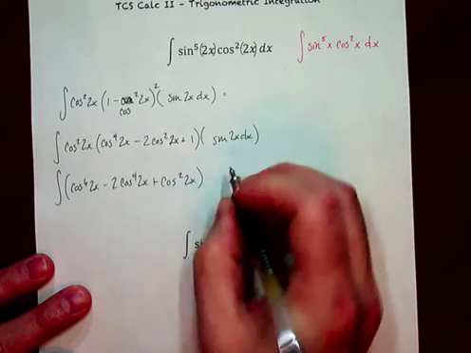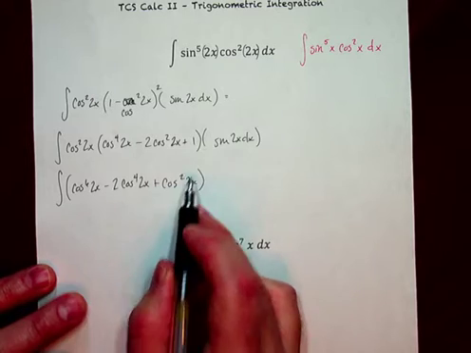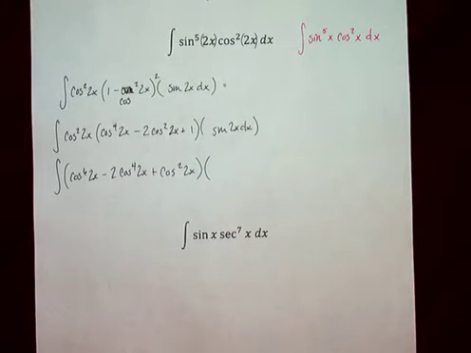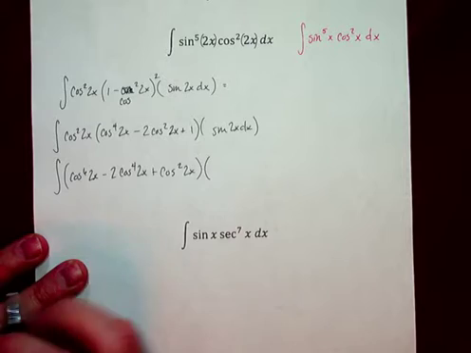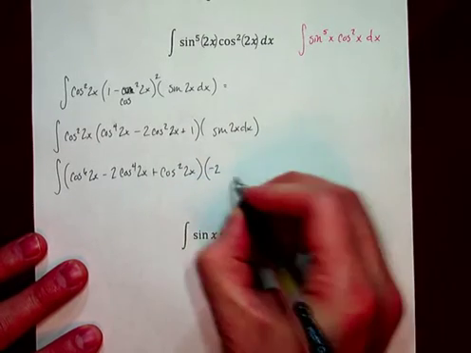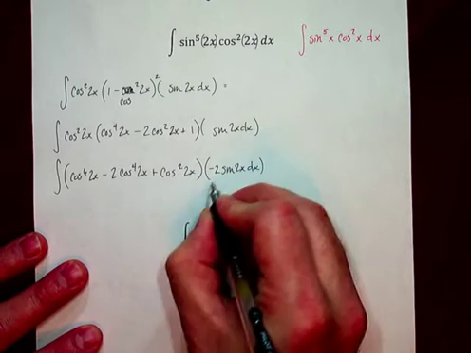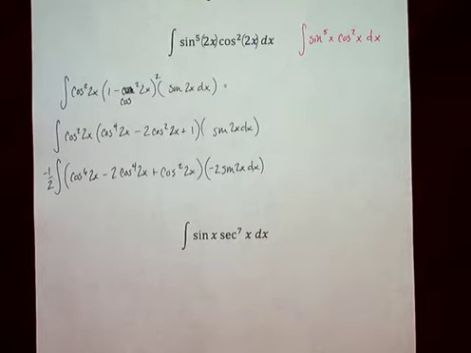2x. Now I have u to the 6th minus 2u to the 4th plus u squared. My u is cosine of 2x. So not only am I going to need a negative in here to round out my du, I need a negative 2. All right, and if I put a negative 2 right here, I got to plop a negative 1/2 out in front, lest I change the value.